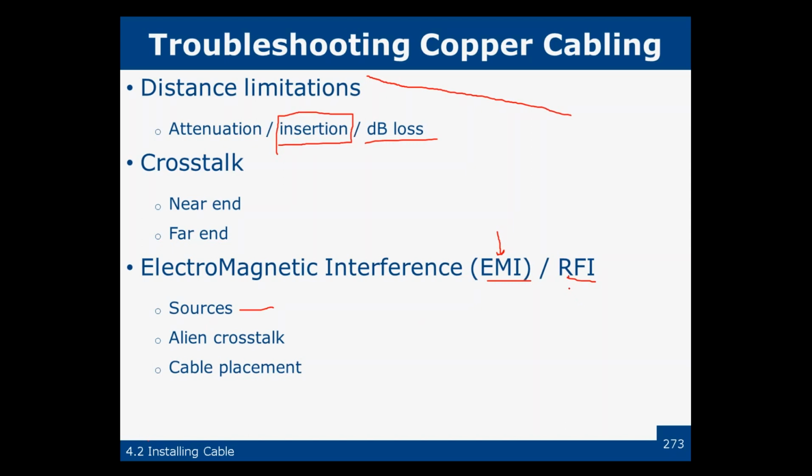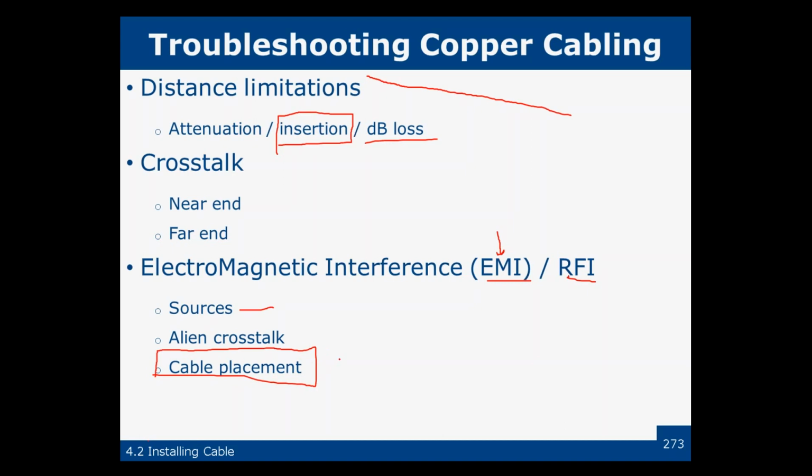RFI, microwave ovens, anything that radiates would do those. And then alien crosstalk, we talked about cables too close together. Cable placement, you want to keep the cable away from all of the things that can cause the interferences.